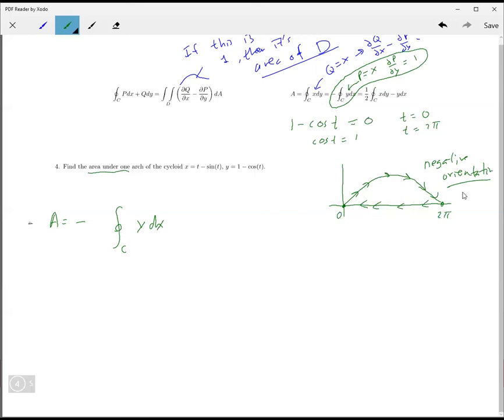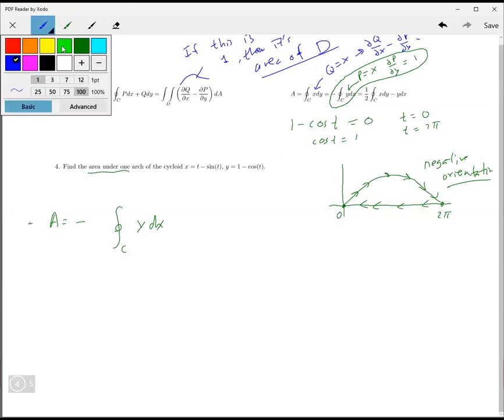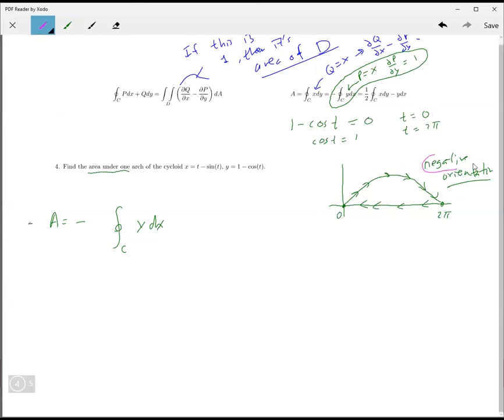So you remember that positive orientation was counterclockwise, and this is clockwise, so this is negative orientation. So that means we're going to add another negative 1 on there as well. So there's this negative here, but then there's also a negative because we're going negative orientation.